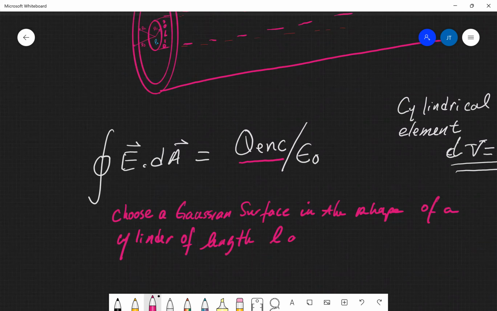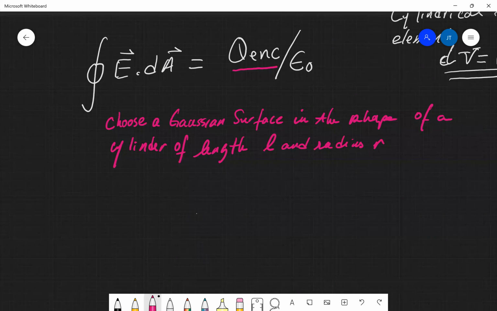So then what will we have? So we have, if we have a cylinder, radius r and length L, okay, we have, and because of the cylindrical symmetry here, and again, rho is going to only have radial component.